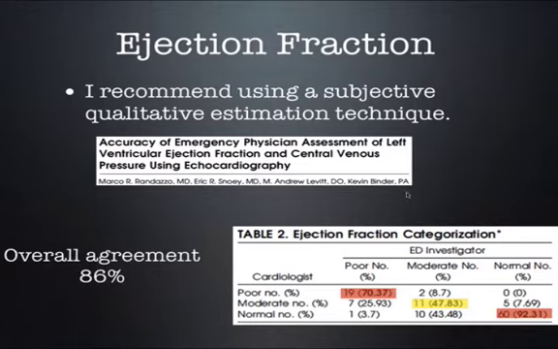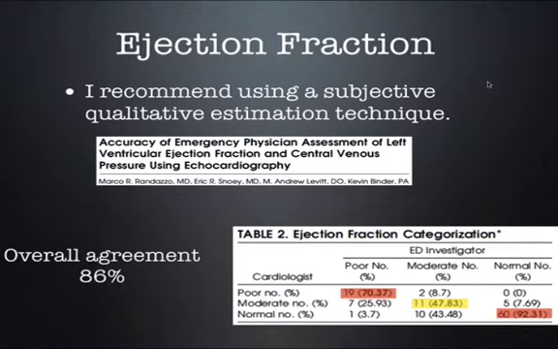Now here's a study comparing cardiologists to ED investigators, and you can see that there was a 70.37% agreement with a poor ejection fraction and a 92% agreement with a normal ejection fraction. So overall, the extremes, which is what we care about, there was high agreement between the cardiologist and the ED investigator.